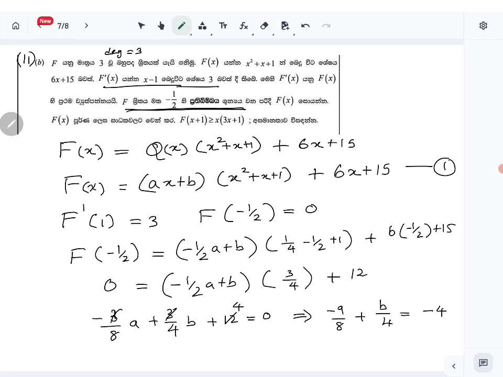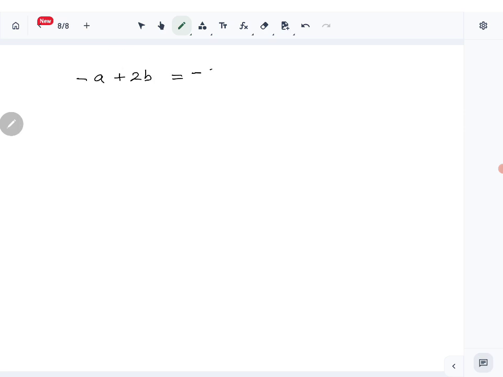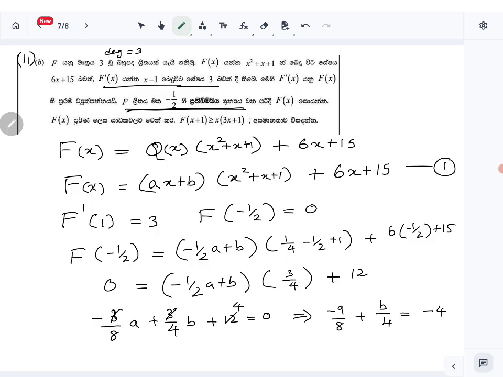Then multiply by 8, minus a plus 2b minus 32. Right, so that's our first equation. Equation 1, right. So to create equation 1, we use this one.